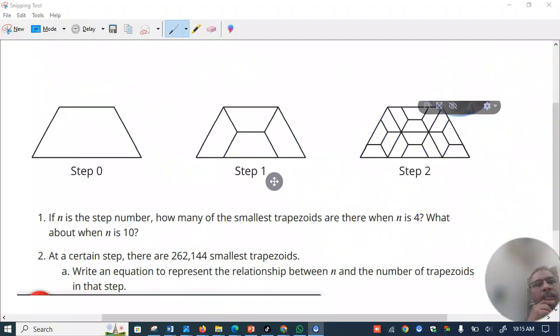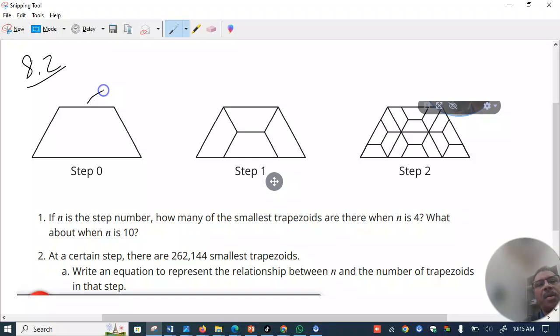Let's go to the next. So this is 8.2, and in 8.2, you can see a pattern here. Here is a pattern showing trapezoids successively decomposing into four similar trapezoids at each step.